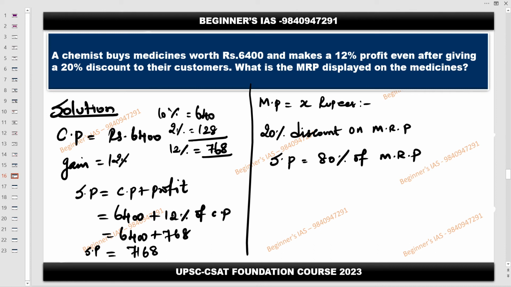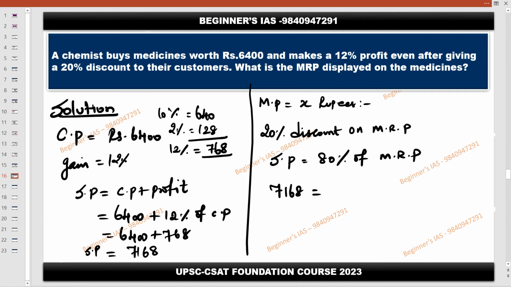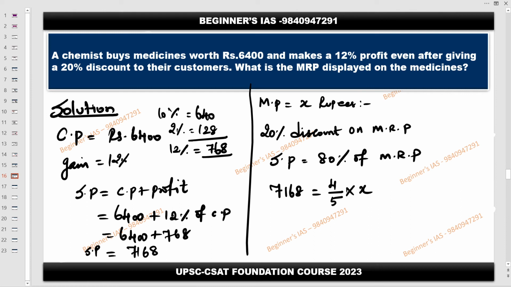So now calculate this simply. What is the SP now? SP is 7168. Then 80% means, in terms of a fraction, 4 by 5. So 4 by 5 into MRP, which is X, equals 7168.